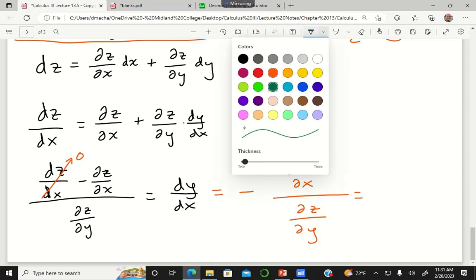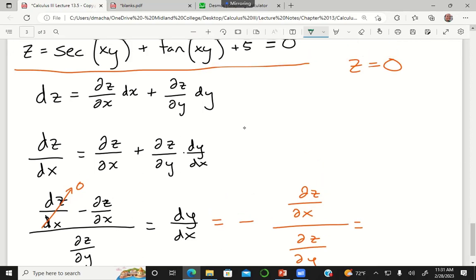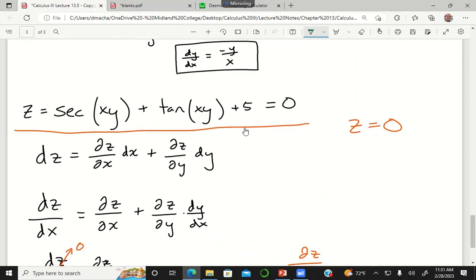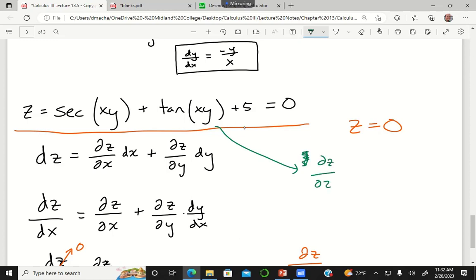So what is partial z with respect to x? That's supposed to be partial. Partial z with respect to x, not z. So this way, I am considering y as a constant and not at all as a function, right?